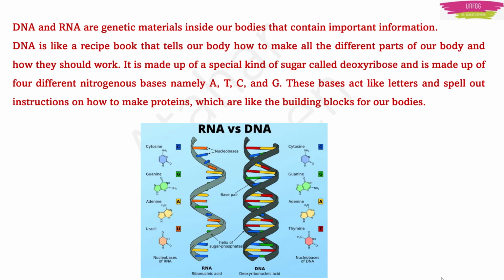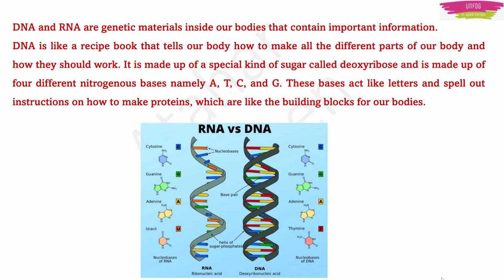Like a recipe book tells us how to make a dish, what are the ingredients required to make it, what are the steps we should follow, just like that, the DNA is that recipe book which tells our body how to make all the different parts of our body and how they should work.